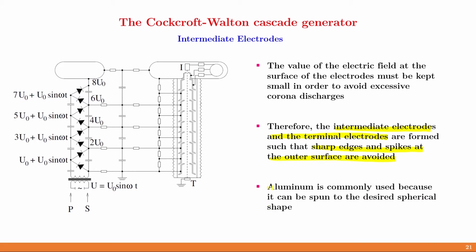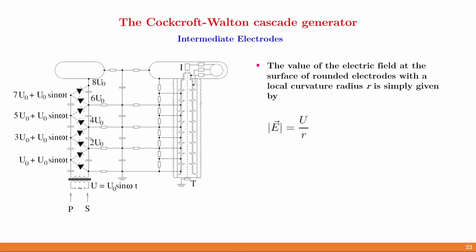And aluminium is the most commonly used material because it can be spun to the desired spherical shape. The value of the electric field at the surface of rounded electrodes with a local curvature radius r is simply given by E equal to U over r.